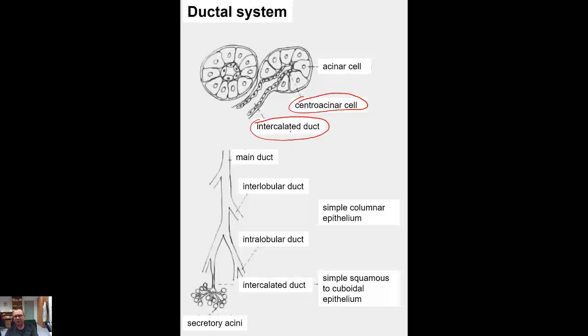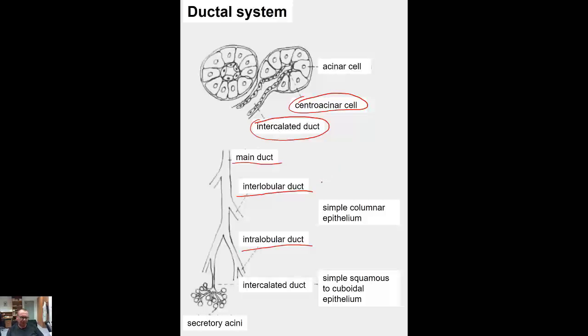As you know that the exocrine pancreas is a compound gland, you probably expect some higher levels of the duct system, and really there is a level of intralobular ducts, then interlobular ducts, and then the main duct. Probably you know that the pancreas has one main duct and one accessory duct.